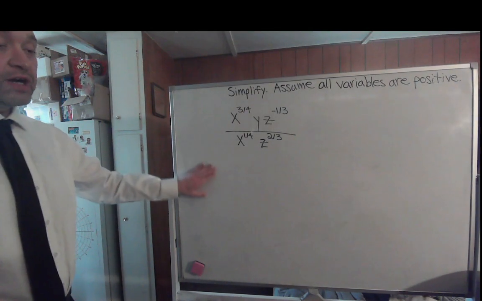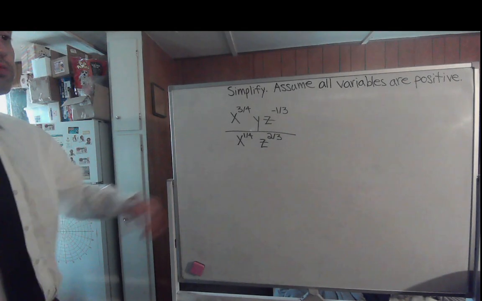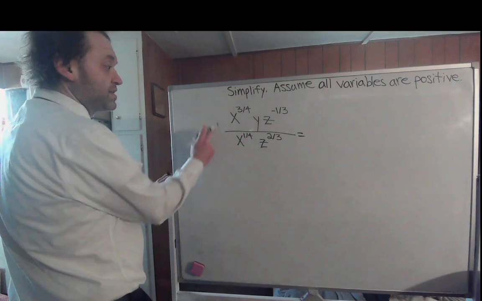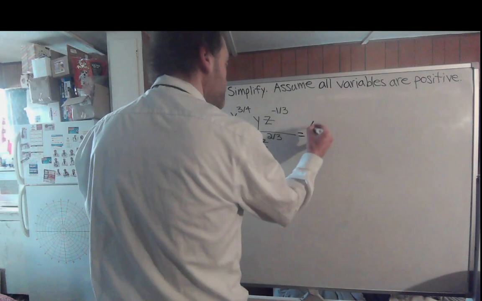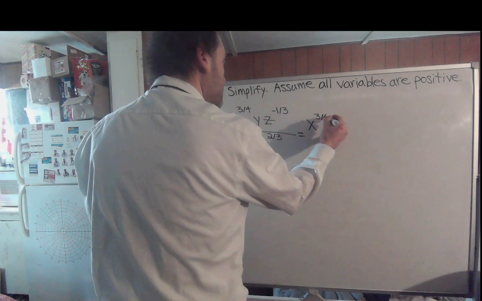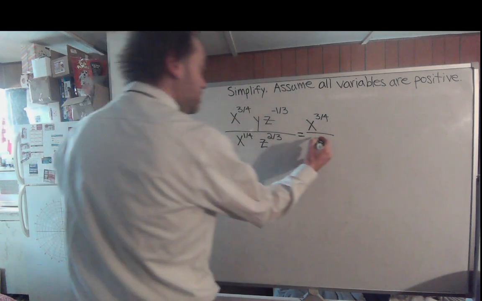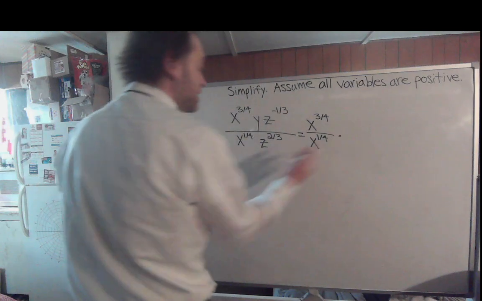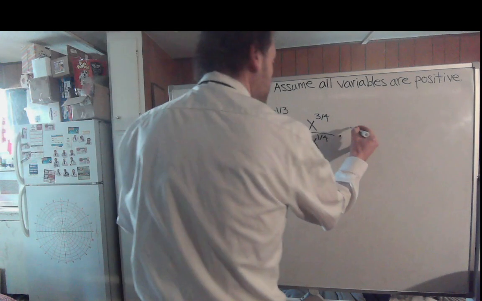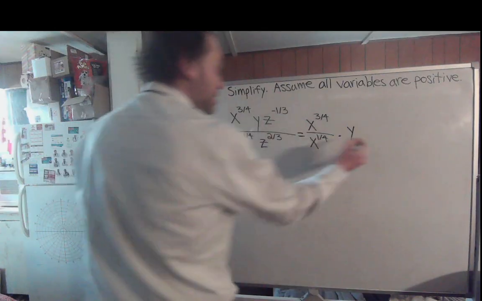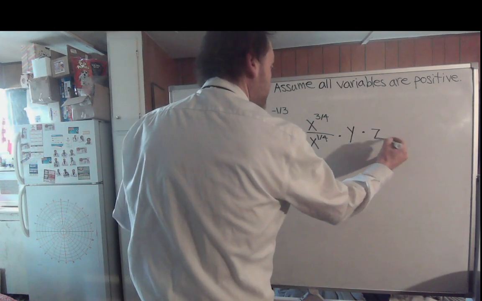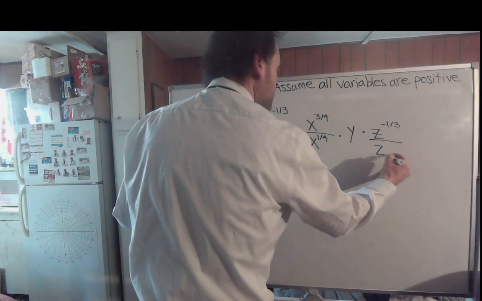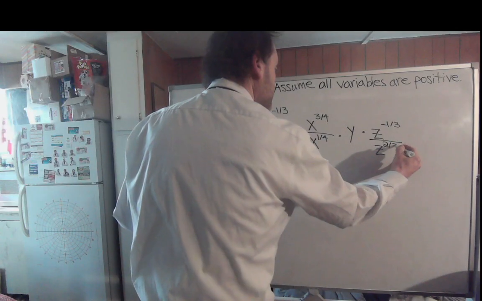We have three variables here, so we should probably split this into three parts. So we'll take x to the 3/4 over x to the 1/4, times, well, just simply y, you only have a y in the numerator, times your z to the negative 1/3 all over z to the 2/3.